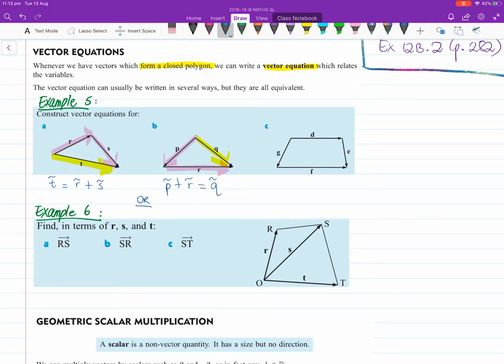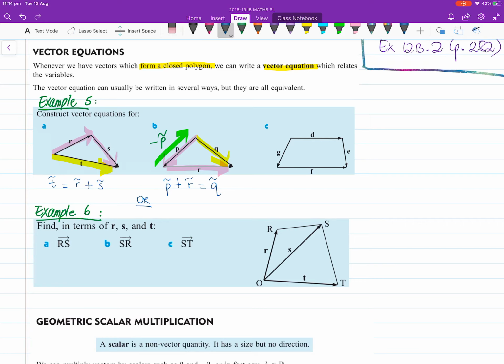Another option though is you might start differently. For example, you might flip this one around this way, and you would say that's negative vector P, the one in green there.